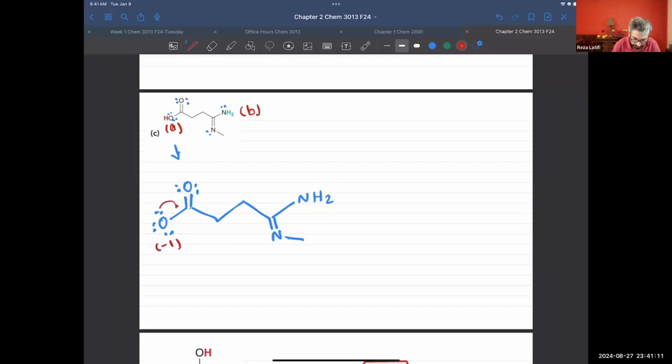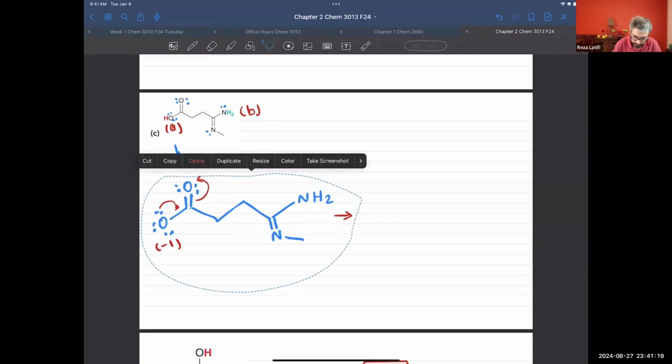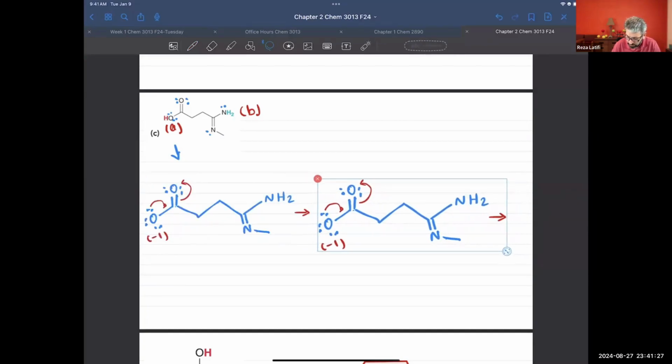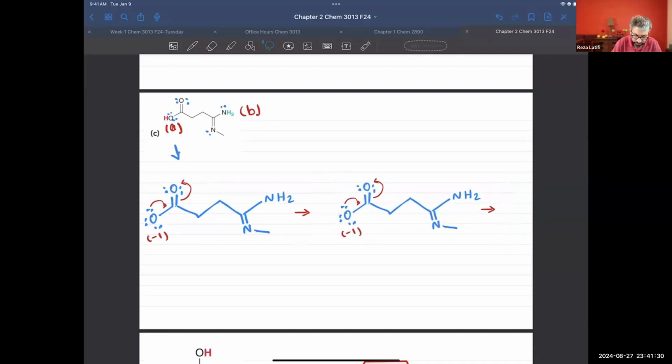Can I share this lone pair here and take that one and give it to oxygen? Yes, that's possible. So if I share the lone pair, that lone pair is gone now, and we're going to break the double bond.